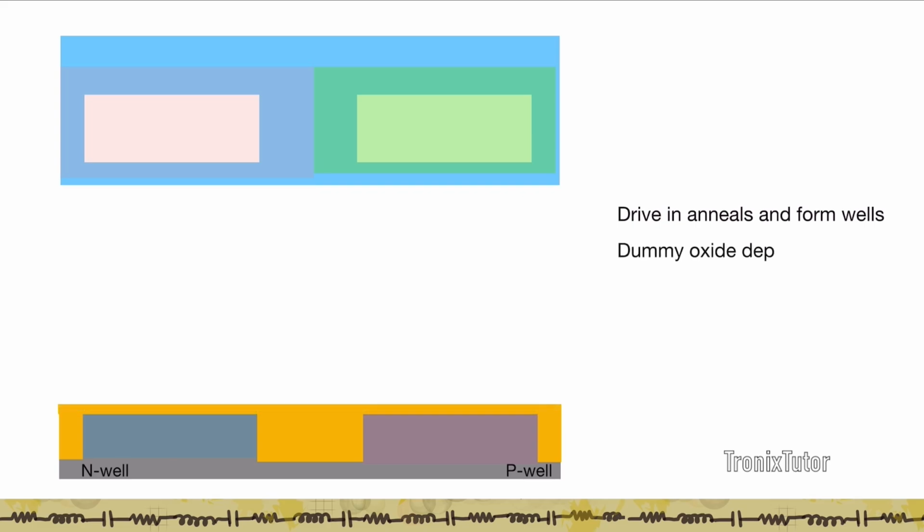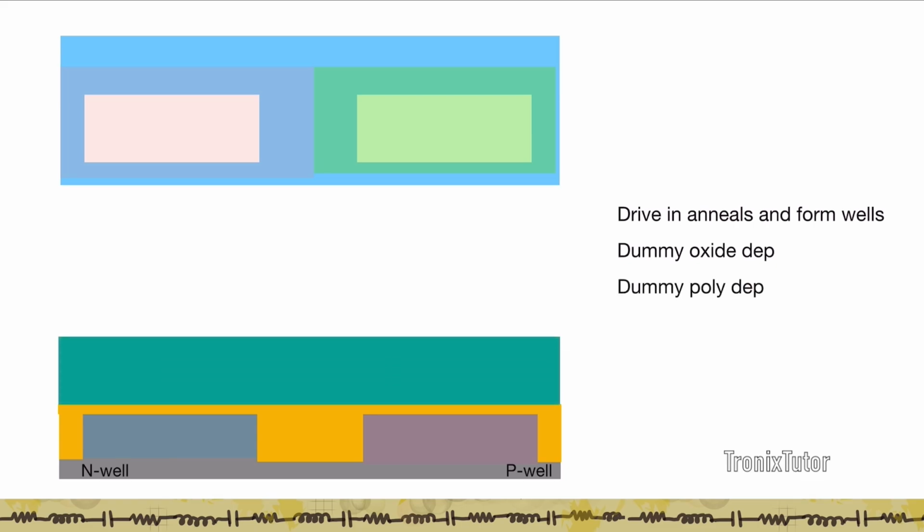Once that is done, we follow it up with a dummy oxide deposition, and then we do a deposition of the poly. Note that this is a dummy poly deposition. Till the early 2000s, the gate stack used in silicon transistors used to be polysilicon on SiO2.